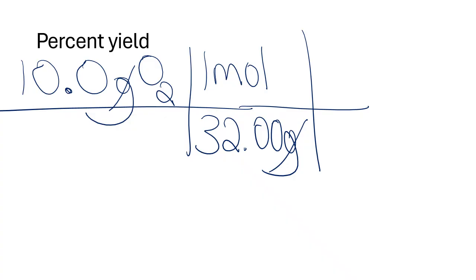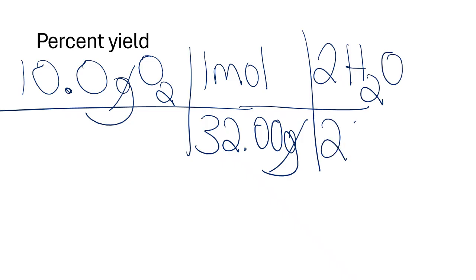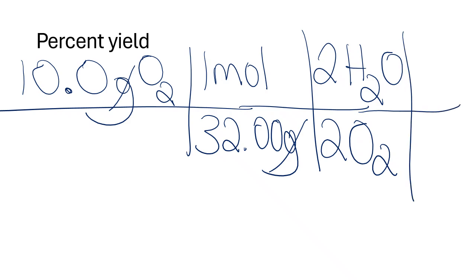We're looking for the product of water, because water is what's given to us. And we know that there's 2 waters, based on the balanced equation, formed for every 2 oxygens. So I'm looking at the front number for both of those, hence the coefficient.